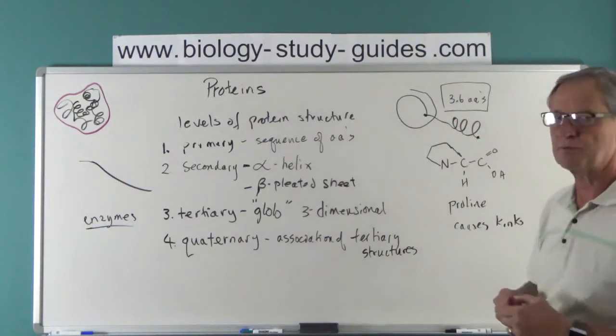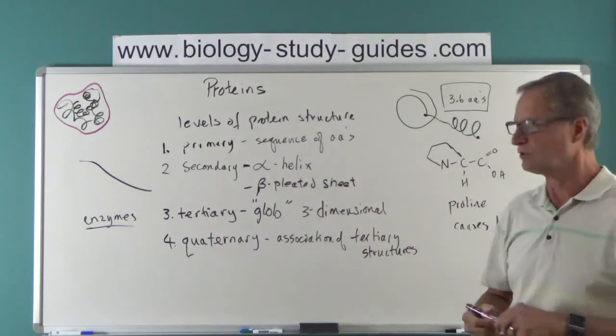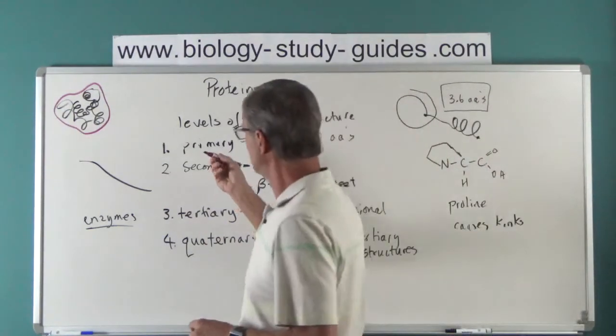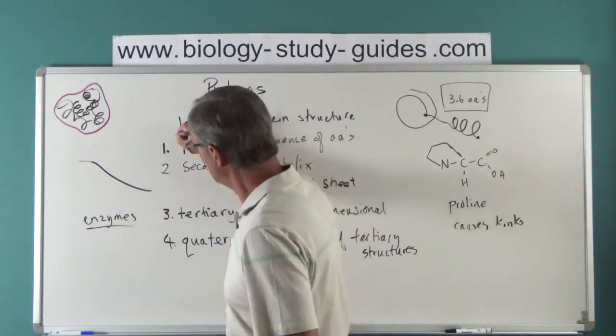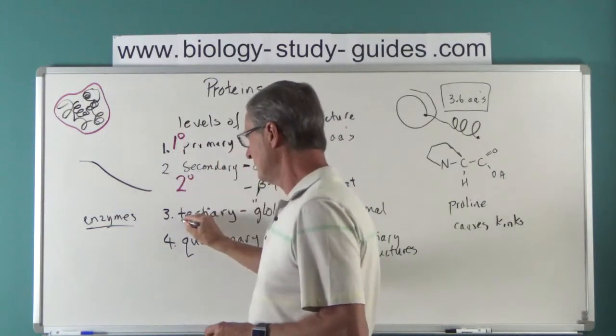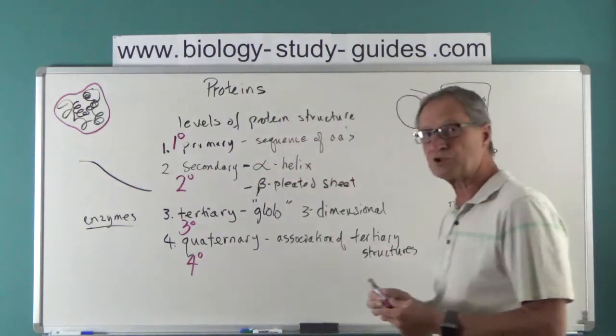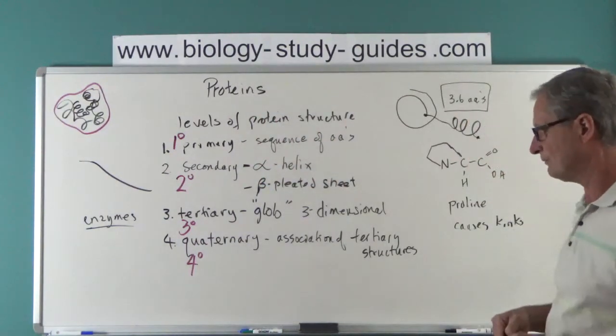I just want to give you some abbreviations, because to write out tertiary structures and quaternary structures all the time is a lot of writing. Primary is often abbreviated just first degree of structure, secondary, second degree, third degree of structure, fourth degree of structure. So you can use those abbreviations, they're very well known.